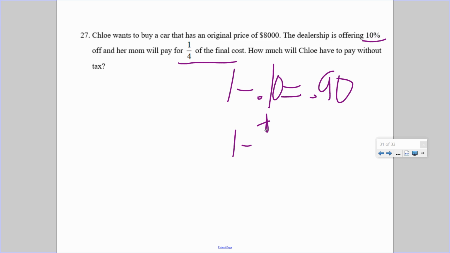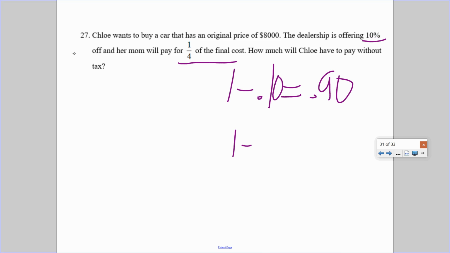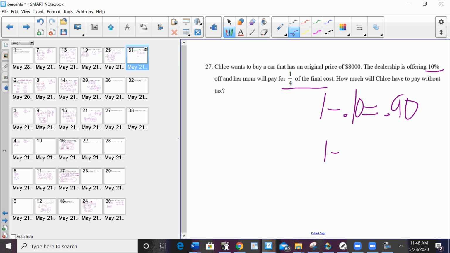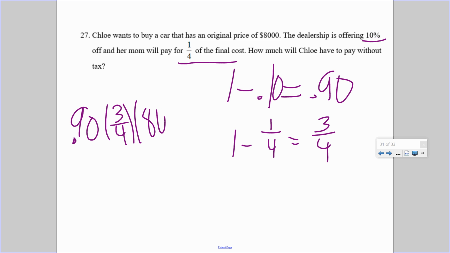She's paying 1 minus 1/4, which is 3/4. So she's paying 90% of 3/4 of 8,000. Again, if you have multiple percents or fractions, you're just multiplying them all together.